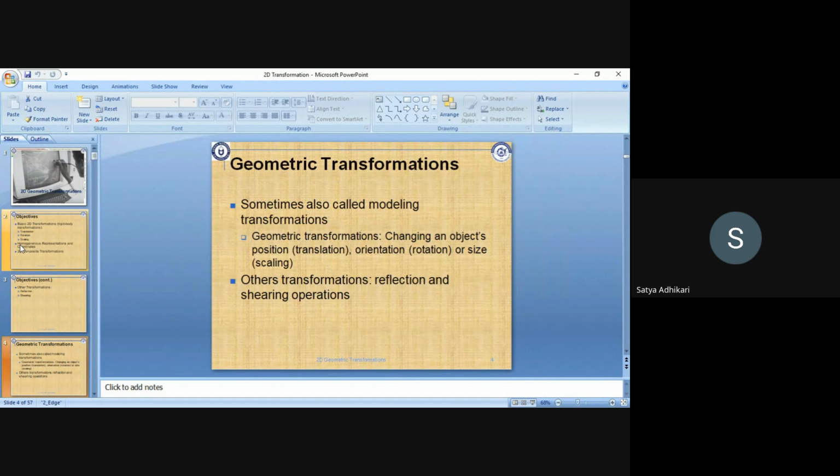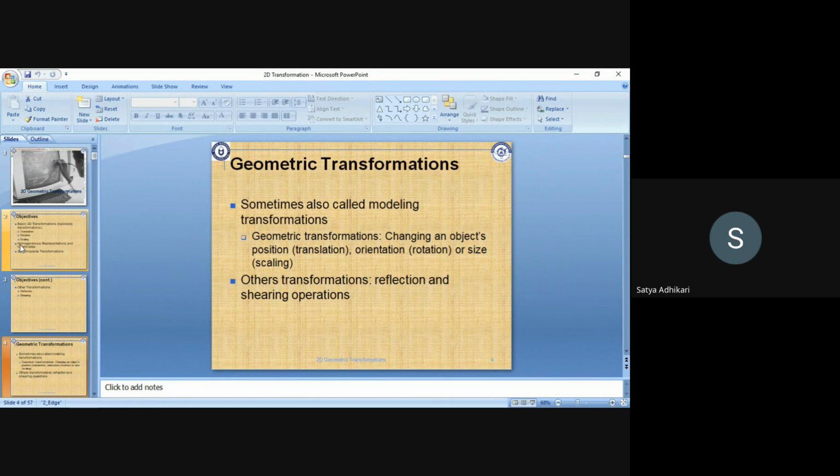Similarly, orientation: you can rotate. As we discussed, we can rotate an image either clockwise or anti-clockwise by some degree. Suppose you want 30 degrees, 60 degrees, 45 degrees, 90 degrees, you can rotate it as per the requirement. And scaling: you can change the size.